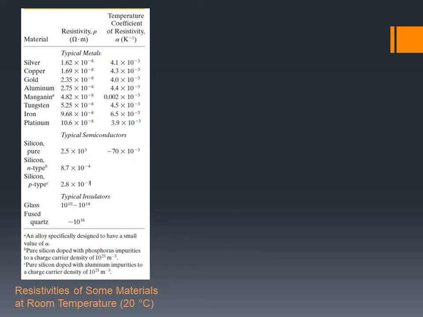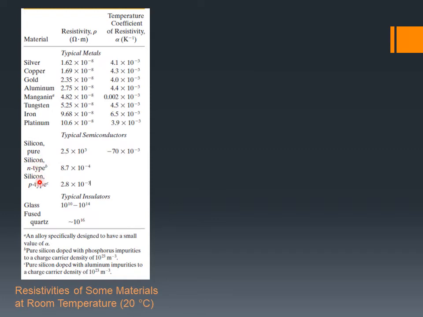Now, the semiconductor, when it is pure, for example silicon, has a resistivity which is very, very large, of course. But what do we do? We dope it with some other material. It means some other impurities are added here.